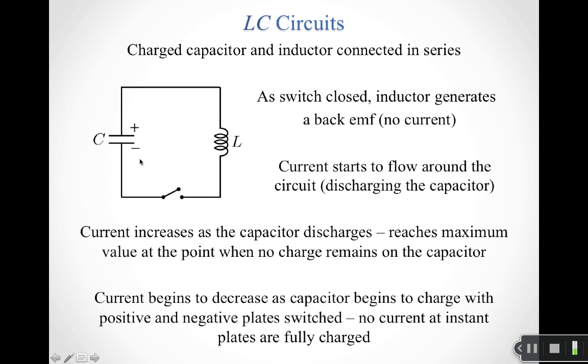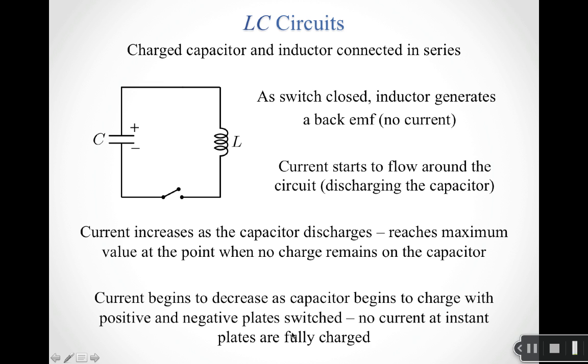One is the current will start to decrease because the charges are starting to build back up on the capacitor, but they're building up with the plates switched. So the charge is building back up on the capacitor, but now with the negative plate on top and the positive plate on the bottom, and that will continue until the capacitor is fully charged again, and we'll be back to a situation where there's no current.